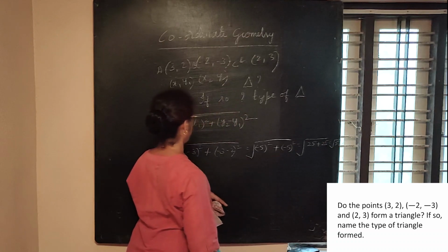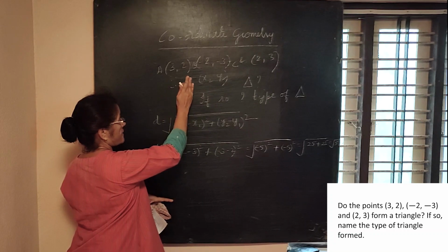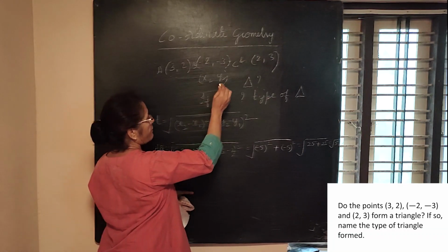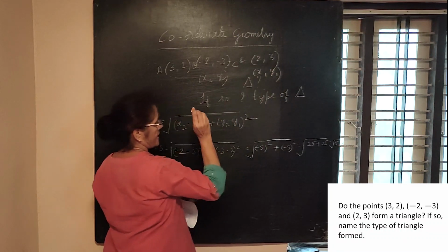Let it be here. Now let me see BC. Let me take this as x1, y1 and the other as x2, y2. That is why I am telling you to write it down in pencil.